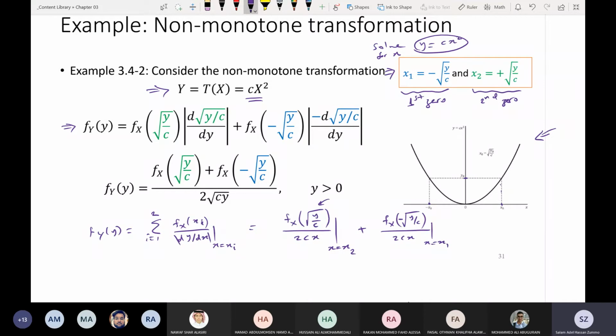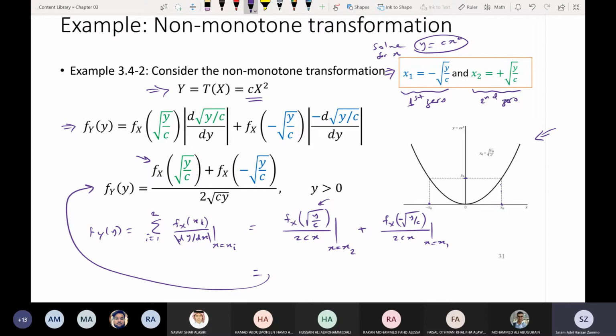So basically, if we replace x1, the first term is fx of square root of y divided by c, divided by 2c times x1, which is square root of y divided by c.